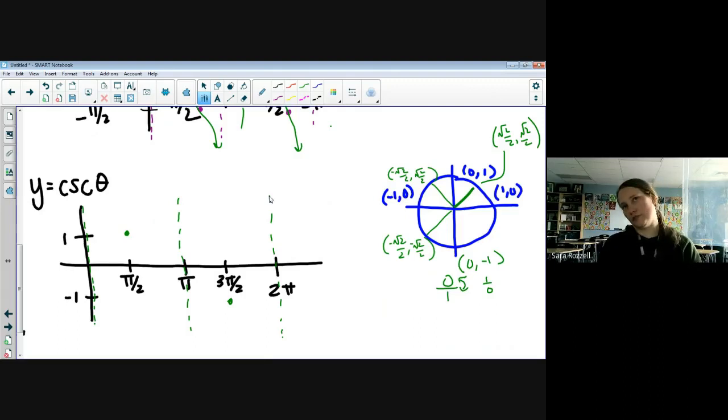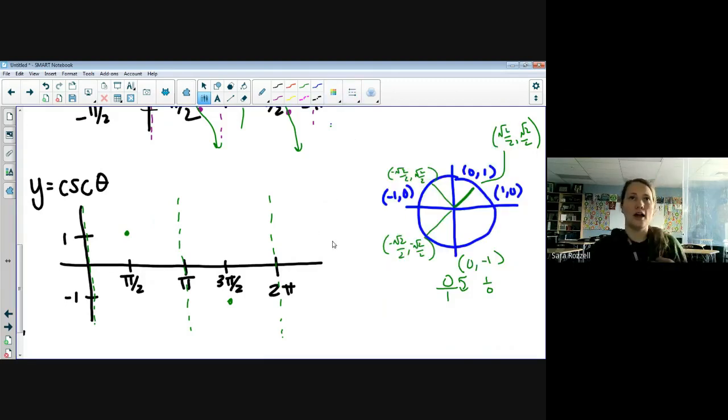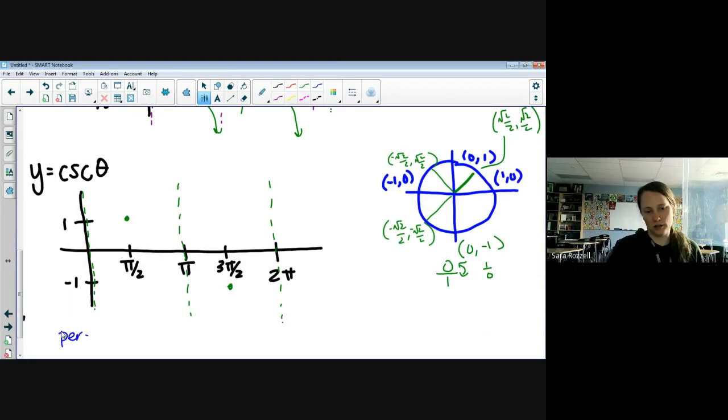At this point, we start to repeat. So it takes from 0 to 2 pi for us to finish our graph. So the period's 2 pi for these, because that one was up and that one was down. So the period is 2 pi for cosecant and secant.